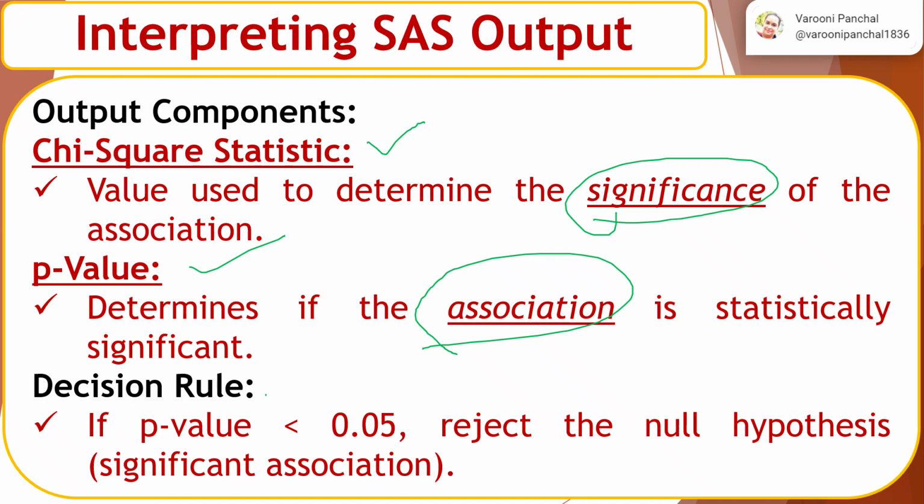The decision rule here is: if the p-value is less than 0.05, you reject the null hypothesis. When you reject the null hypothesis, you mean there is a significant association between the two variables. So this is how you interpret the SAS output. You get the chi-square test and the p-value, and then based on the p-value and the level of significance, which is 5%, that is 0.05, you take the decision.